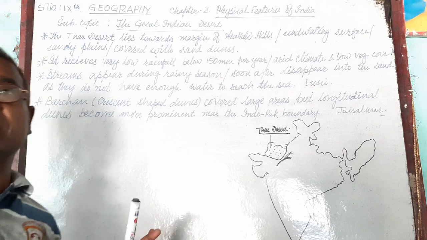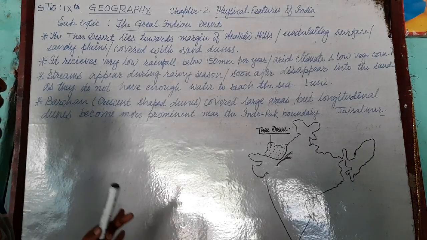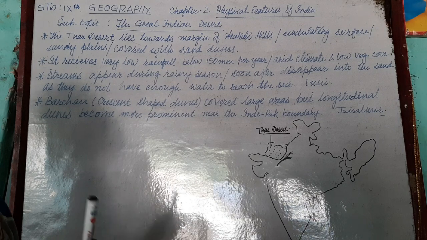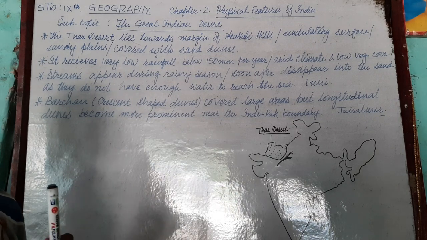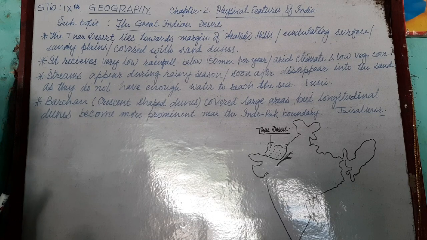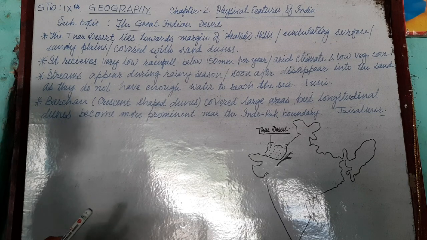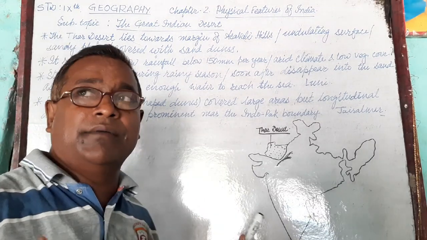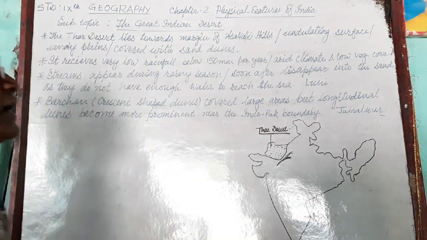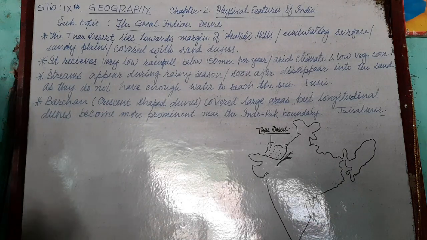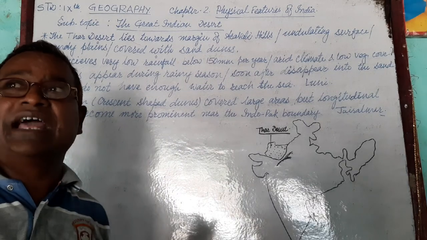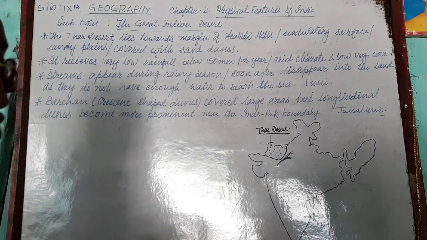In this region only one main river, namely the Luni, flows. Because the Luni and other rivers have very little water, the river falls into the large amount of sand found in this region.